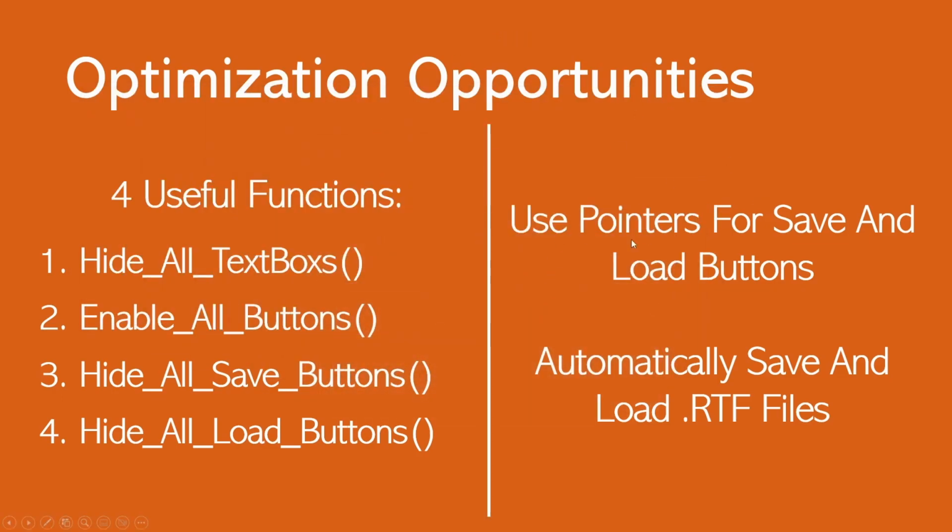So these are two optimization opportunities that I wish I could include in this iteration of my application, but sadly, due to time and just not enough knowledge of how to implement those features, these two things were not included.